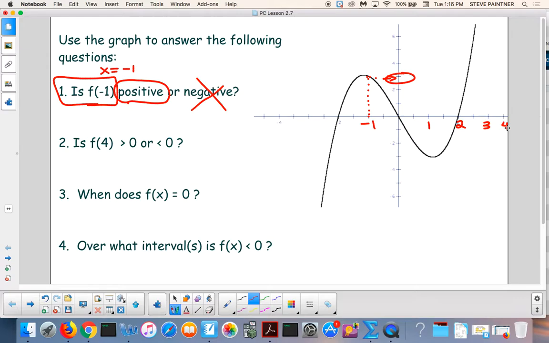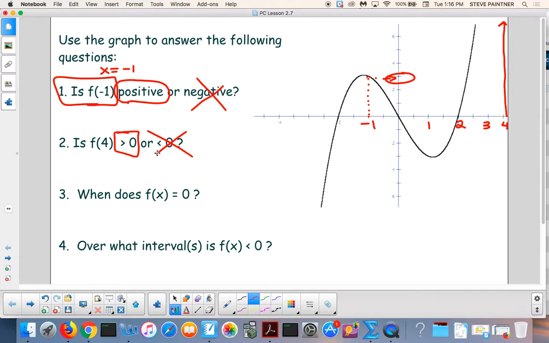If you put 4 into your function, the answer is way up here, which is positive. So your answer to f of 4 will be greater than 0.